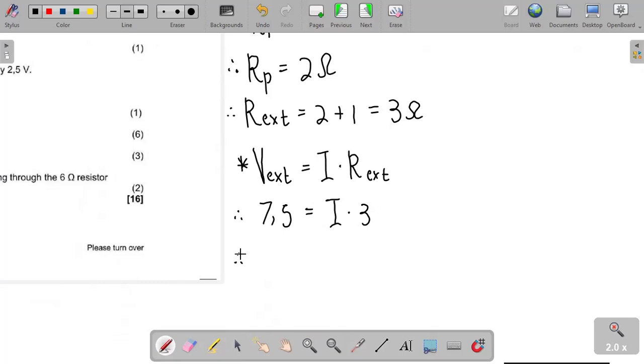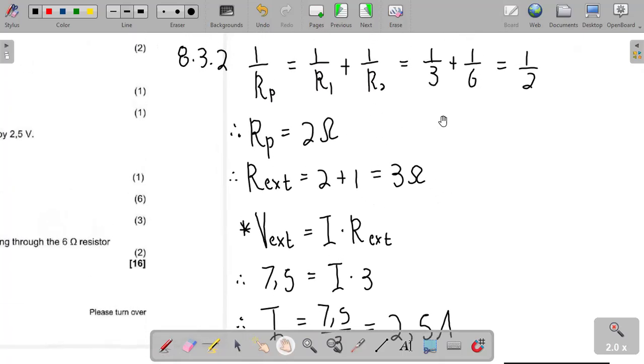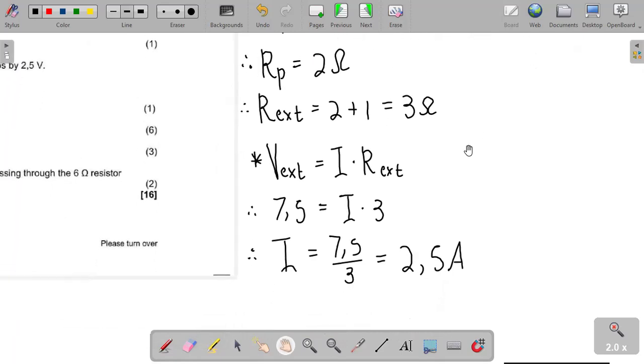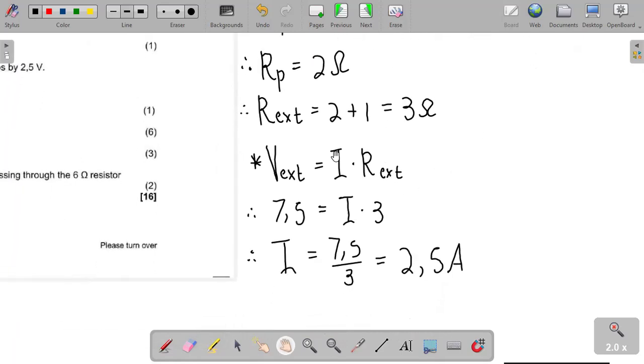And then we can divide by 3 here. So it's going to be 7.5 over 3, which is going to be equal to 2.5 amperes. So that is the reading on the ammeter. Okay, so this was 6 marks. So you get 3 marks for the first step, and then you get the other 3 marks for using the equation here for V external, which is Ohm's law.